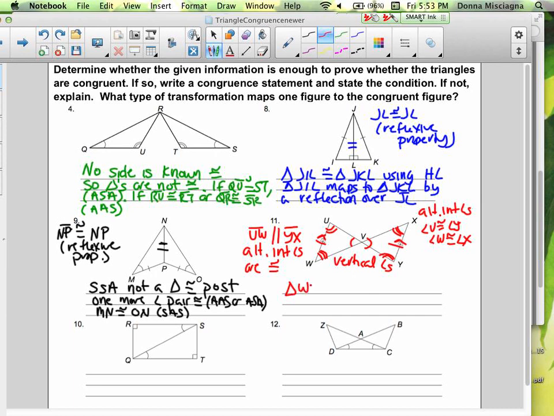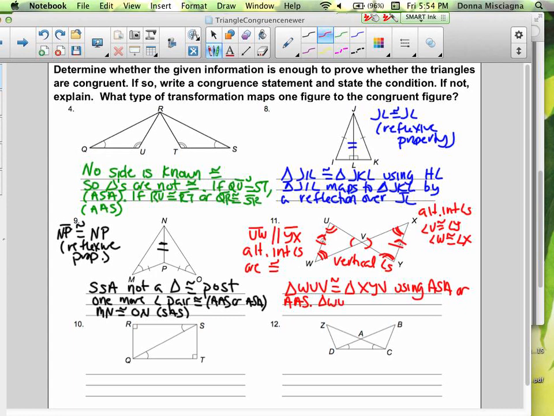Triangle WUV is congruent to triangle XYV using either angle, side, angle, or angle, angle, side. And this is very much like the problem on the other page.